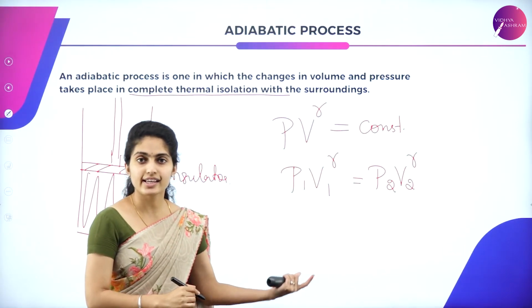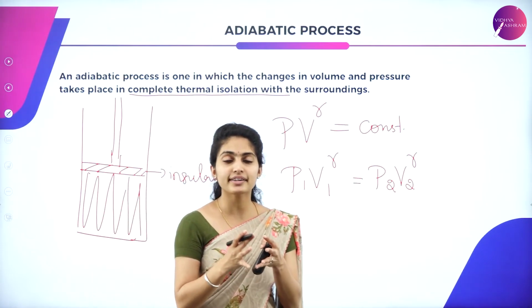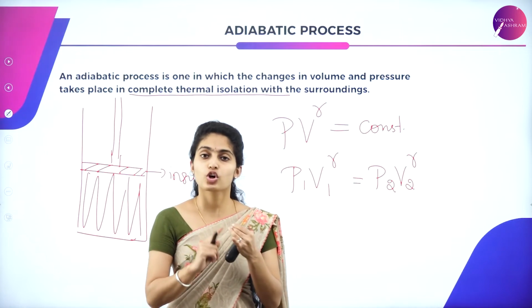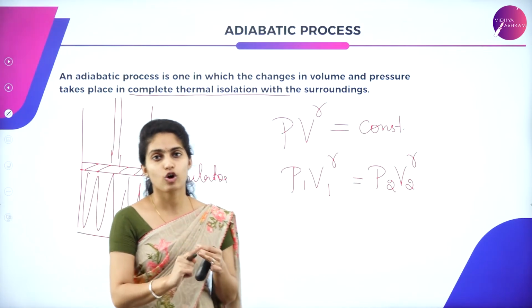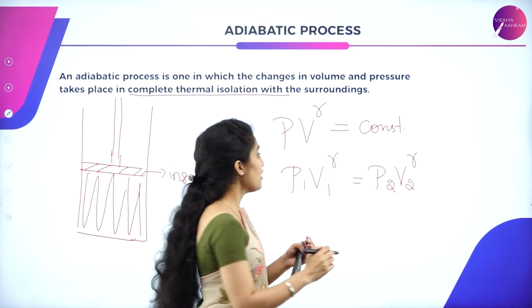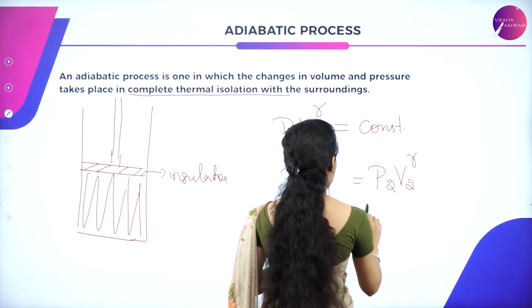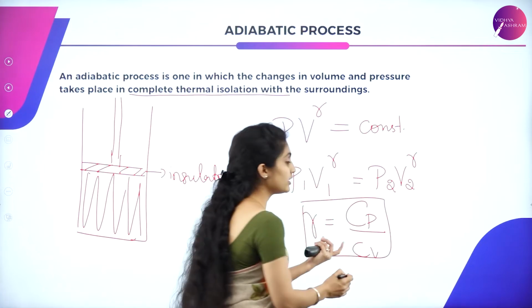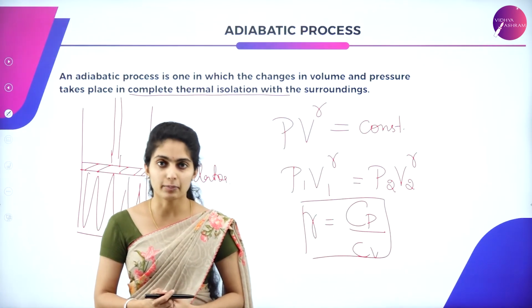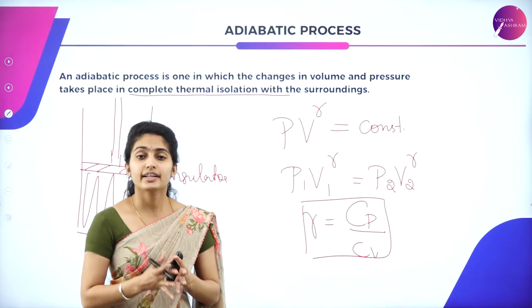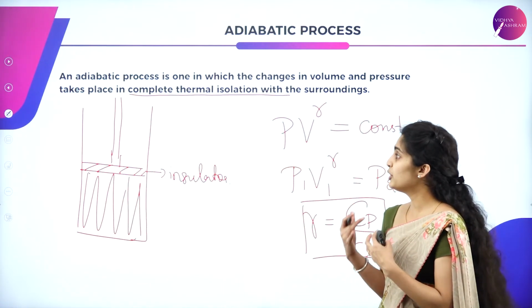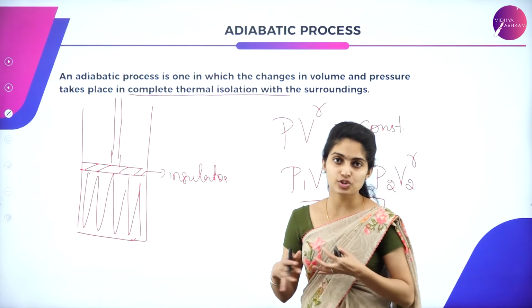So when this is the case, what is meant by gamma? Gamma is the ratio of the two specific heats at constant pressure and constant volume. So we have gamma is equal to Cp by Cv. So this is the elaboration of gamma. So here, in the adiabatic process, practically speaking, when the work is done, there will be no time for the exchange of heat with the gas.